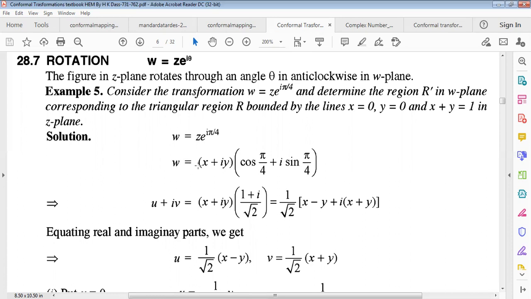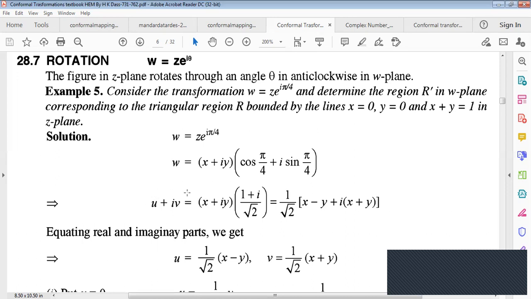We must know z is a complex number, so z equals x plus iy, and the formula e to the power i theta equals cos theta plus i sin theta, the polar form of a complex number. Here theta equals pi by 4. So w, a complex number in the w plane, is u plus iv.